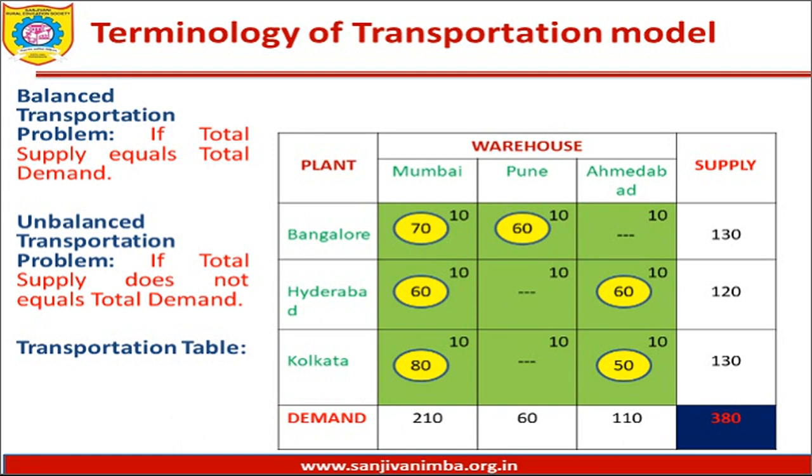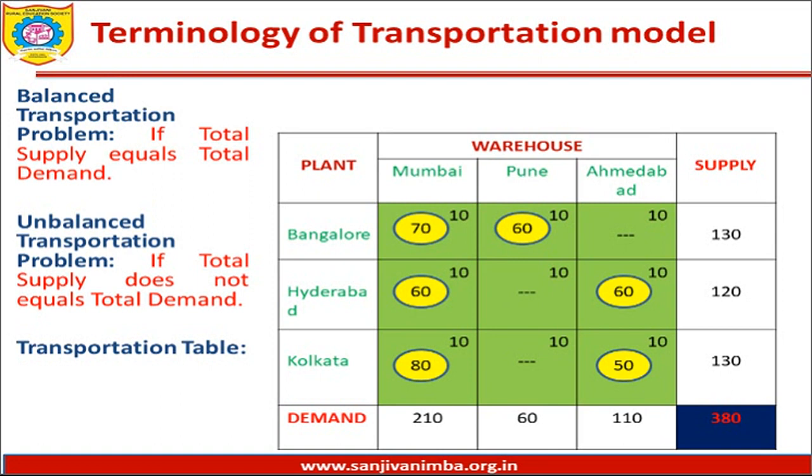Now moving further, the first terminology is a balanced transportation problem. When the total supply is equal to the total demand, then we call that transportation table a balanced transportation table.